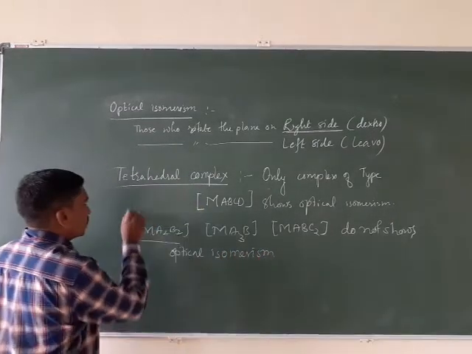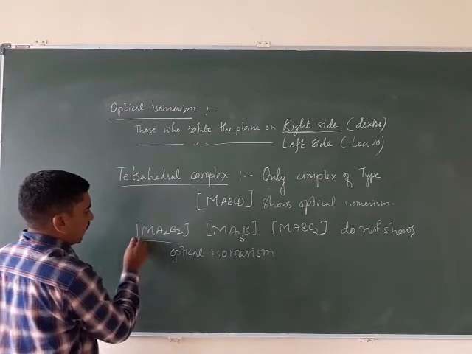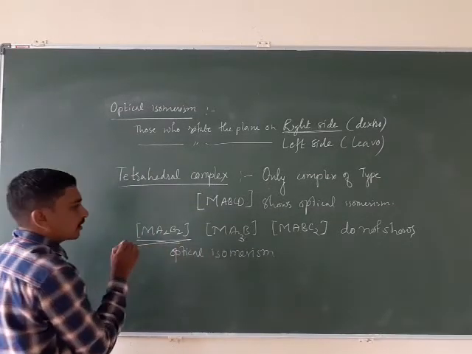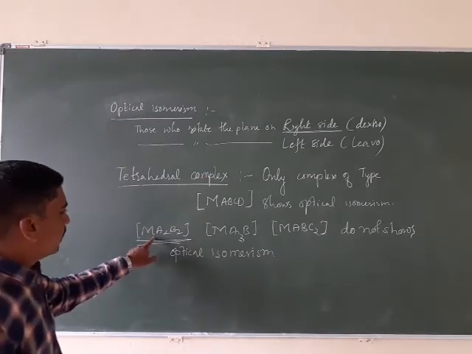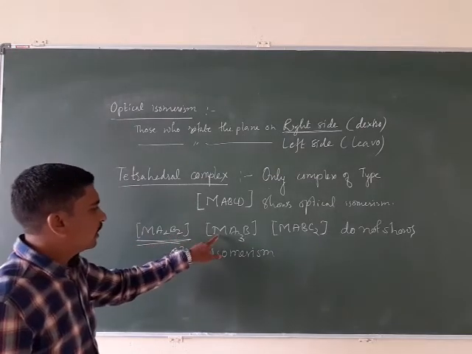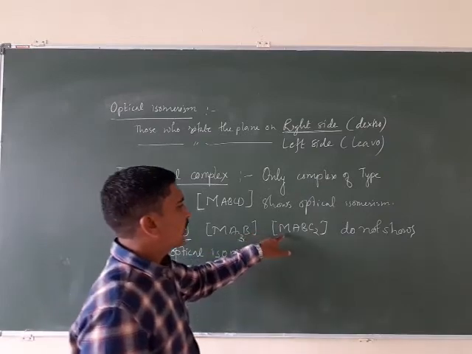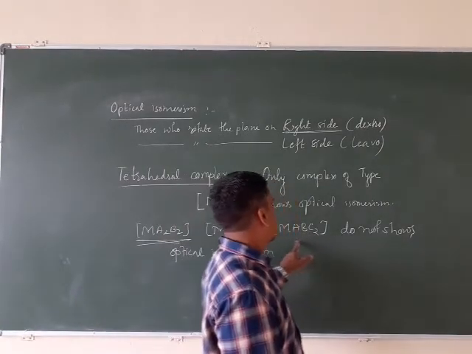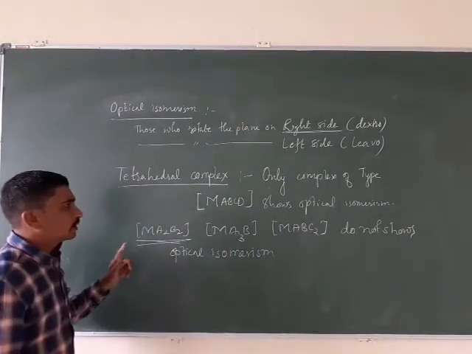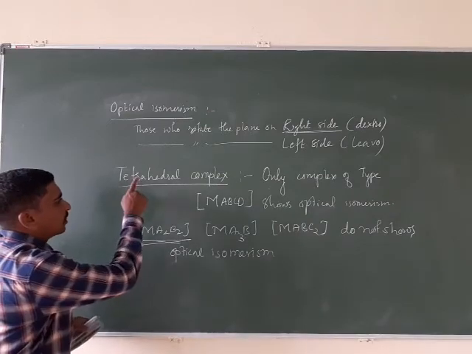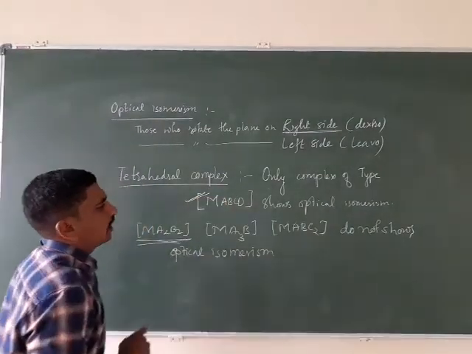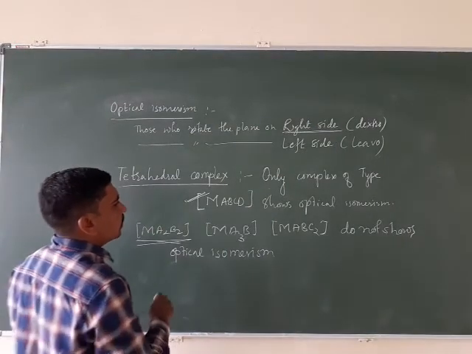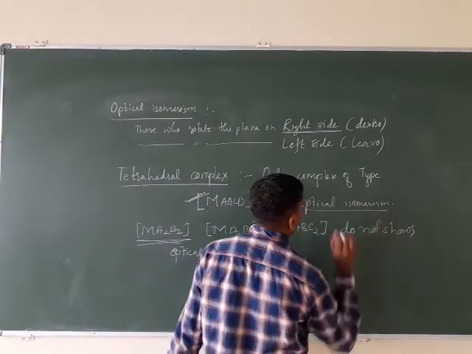The tetrahedral complexes of type MA2B2, MA3B, MABC2 do not show optical isomerism. Only MABCD shows optical isomerism.